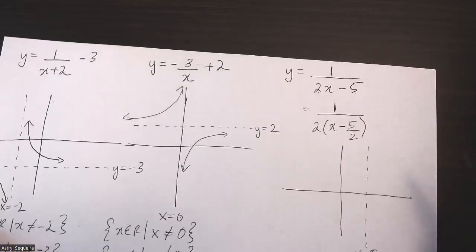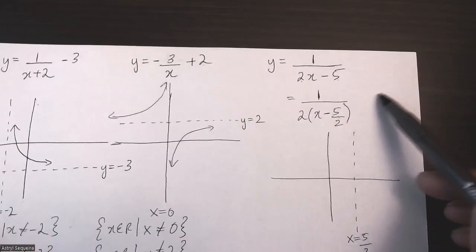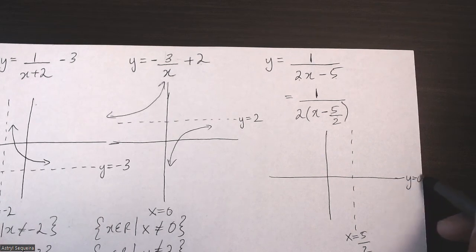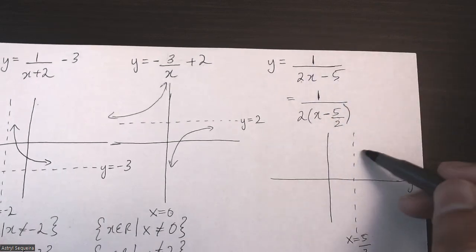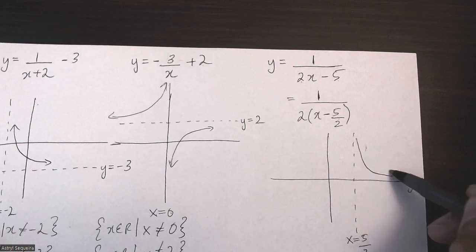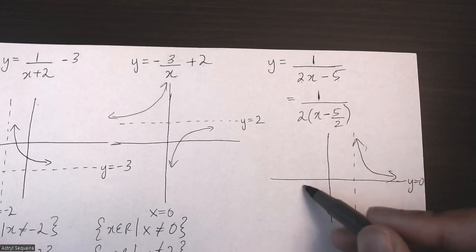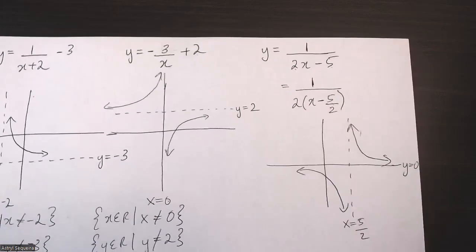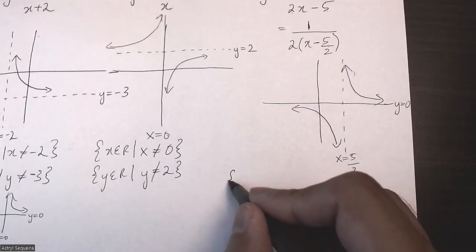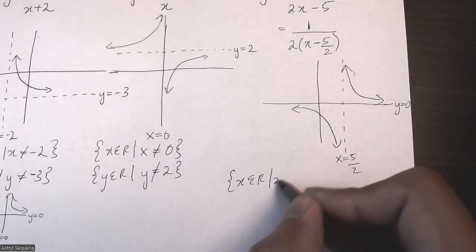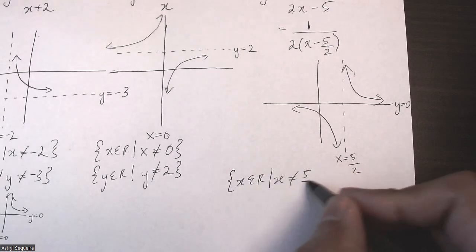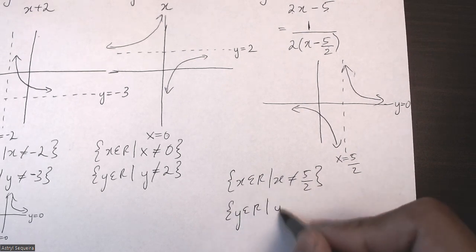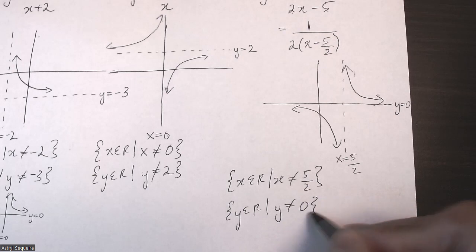And my horizontal asymptote, there's no number out here, which means it just stays at 0. Again, there are no reflections in this one, so I'm in the original two quadrants. My domain is just x cannot equal 5/2, and my range is just y cannot equal 0.